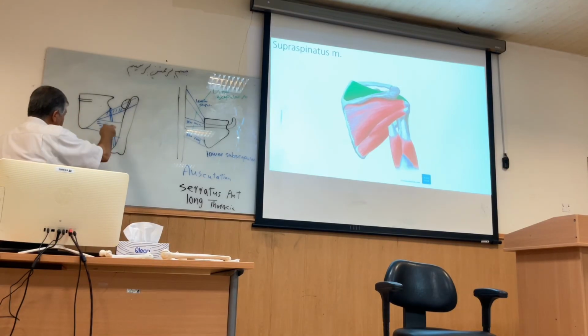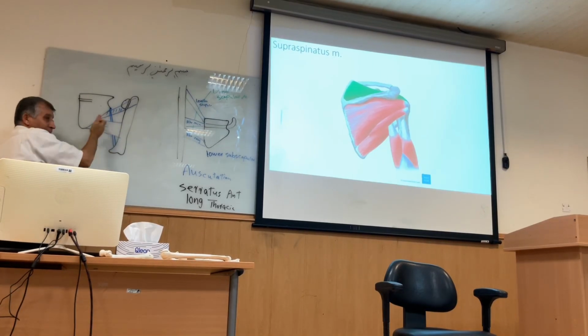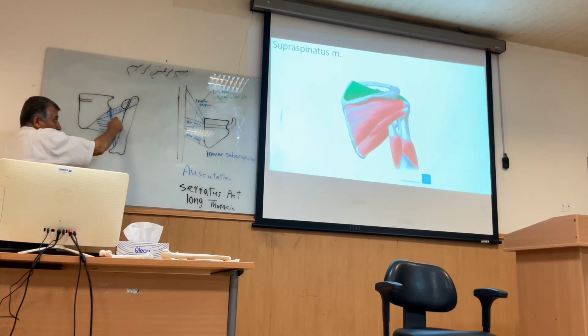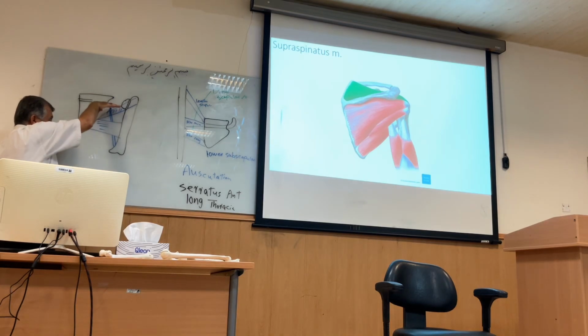You can see two spaces, quadrangular and triangular. Quadrangular is near the humerus, triangular is near the scapula. The superior and inferior borders of those spaces are teres minor and teres major.